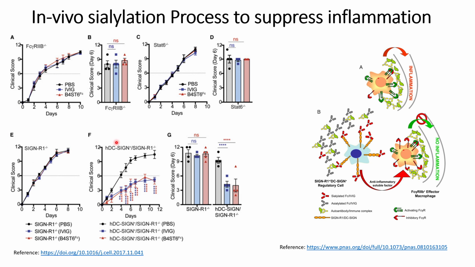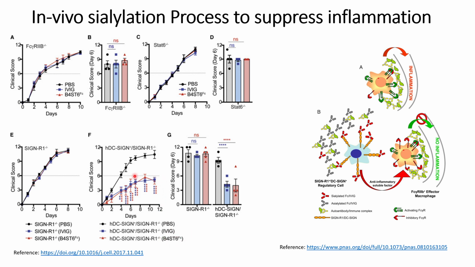However, when they use the human DC-SIGN plus mice, they see a decrease in the inflammation signals when they use IVIG or their engineered antibody, the B4ST6Fc.